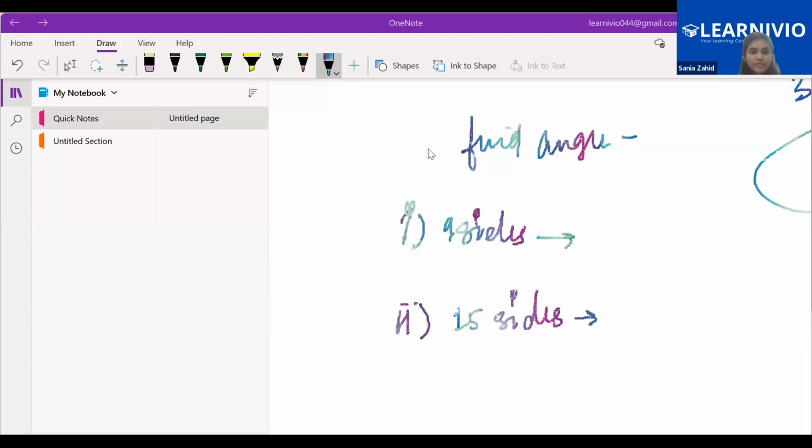You basically have to, if the side is given to you and the angle is asked, what you will do, you will just divide 360 by the number of sides, like 360 divided by 9 and 360 divided by 15. You will get the angle. And if the angle is given to you and the side is being asked, you will divide 360 by the angle. Right?